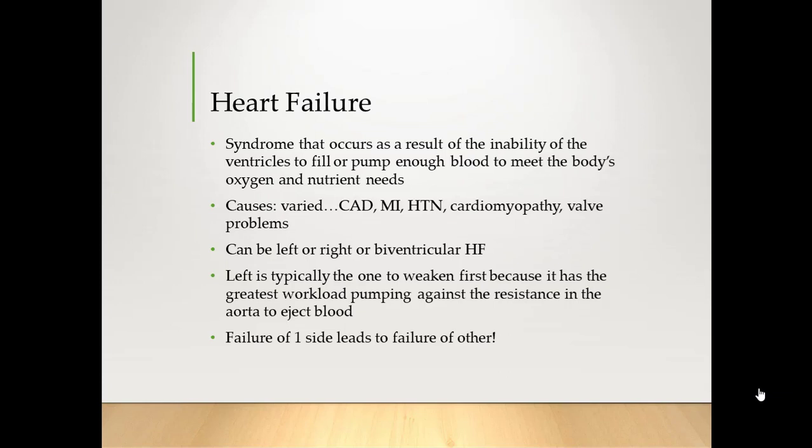I know we didn't talk a whole lot about labs. We did some labs, and I forgot the BNP. For heart failure, BNP is one of the most accurate tests to look and see the severity of the heart failure.